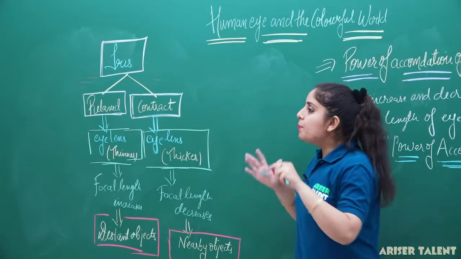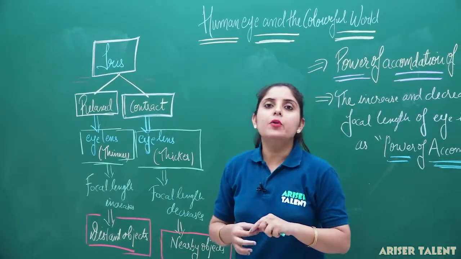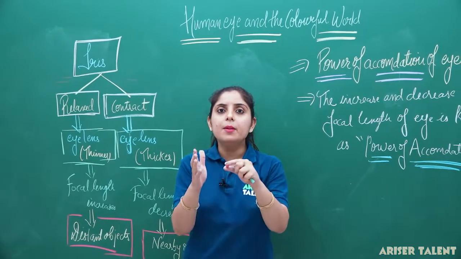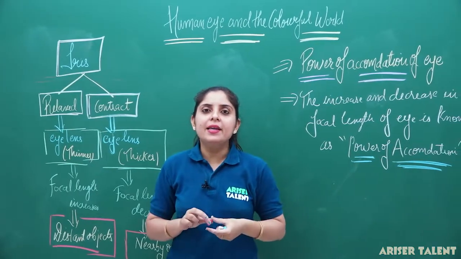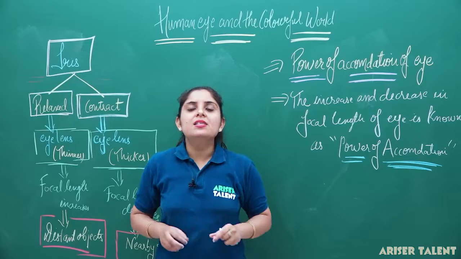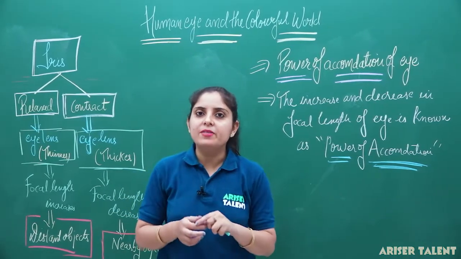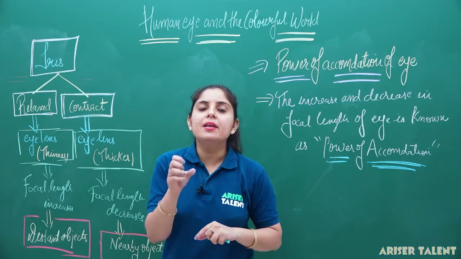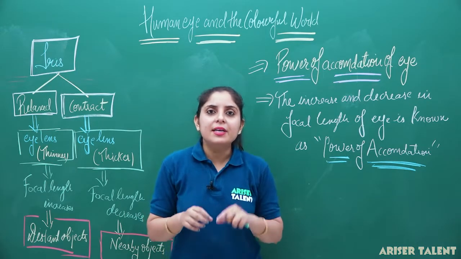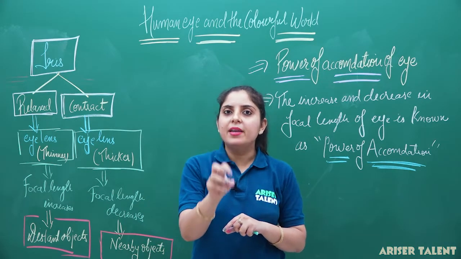There is a limit: you can see a near point and a far point very clearly. The least distance up to which you can see an object clearly is only 25 centimeter. So 25 centimeter is the least distance of distinct vision, where you can see an object very clearly.